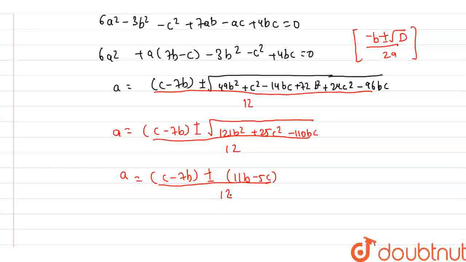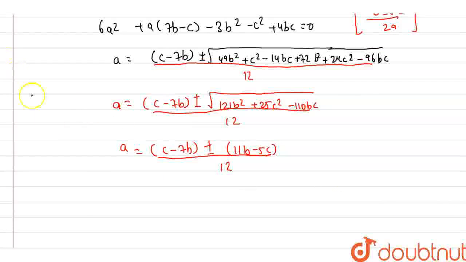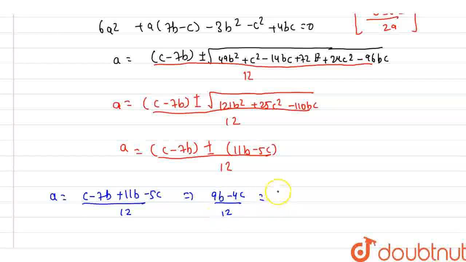Now let's take the positive sign one time and the negative another time. If we take the positive, a = (c − 7b + 11b − 5c)/12. So we have (4b − 4c)/12, which becomes (b − c)/3.